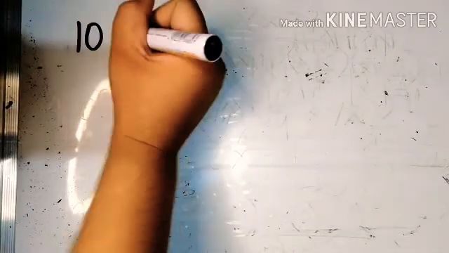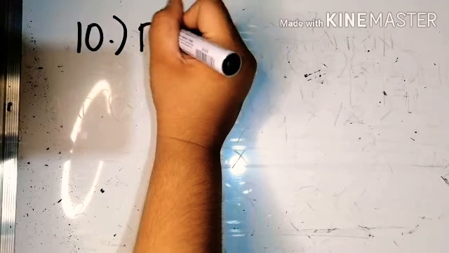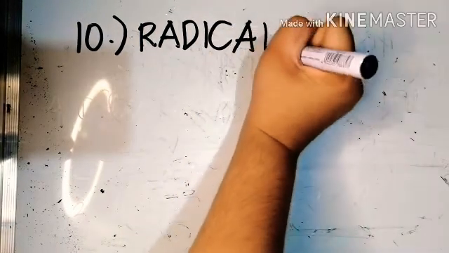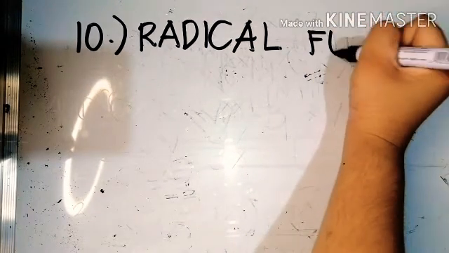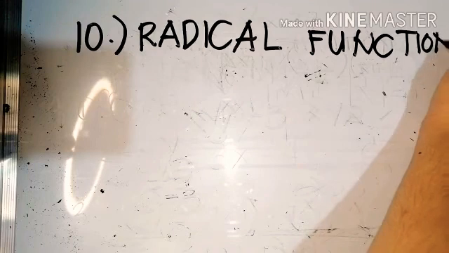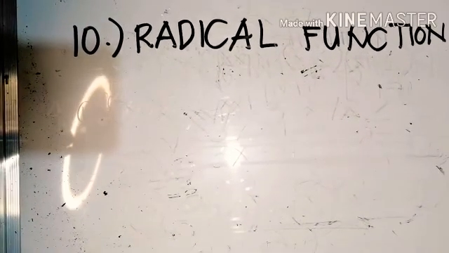How about the 10? Number 10 example. Number 10 natin, that is example for radical function. How are we going to get the domain for radical function? Kung sa rational function, bawal 0 dun sa denominator.